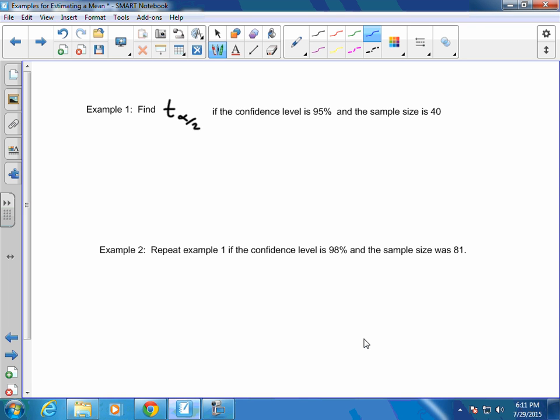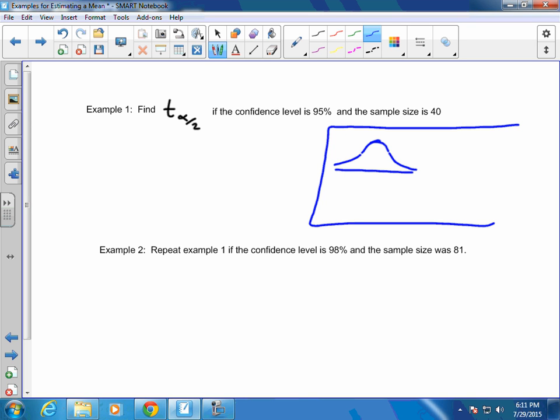Okay, so for examples 1 and 2, we're just going to look at this table and figure out how to use it. All right, the general idea is going to be that I'll try to sketch something again. It's going to look just like the z. Zero's in the middle.